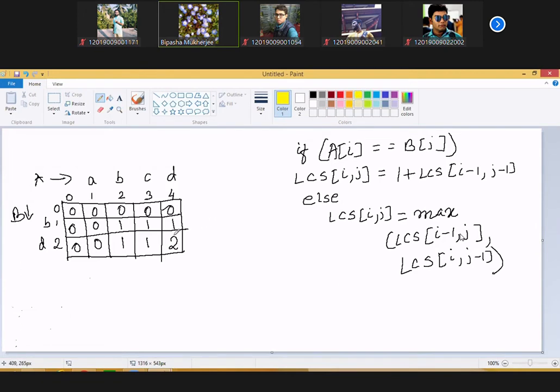So this way you are getting the length of the common subsequence. Fine. So in which you are finding the match now in D. Take the D now. How are you getting this 2? By adding with this 1, so it will go back here.